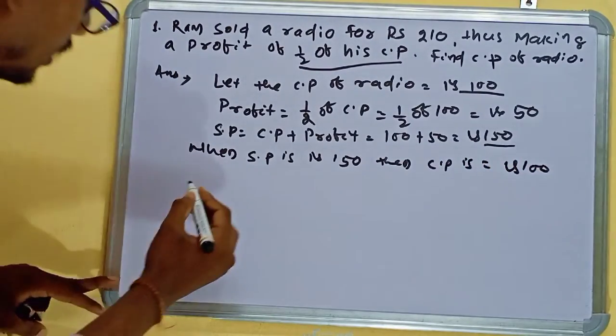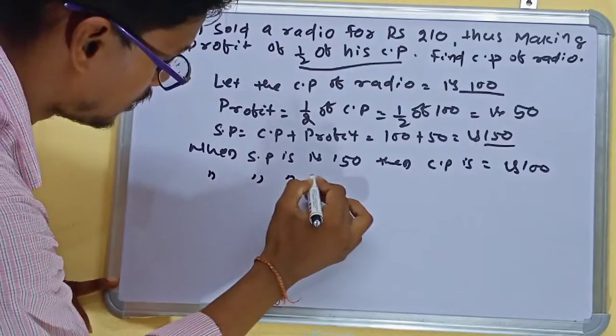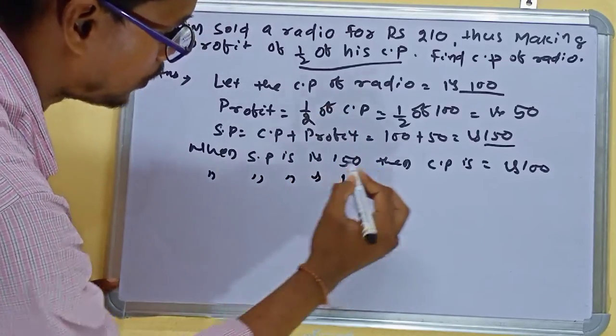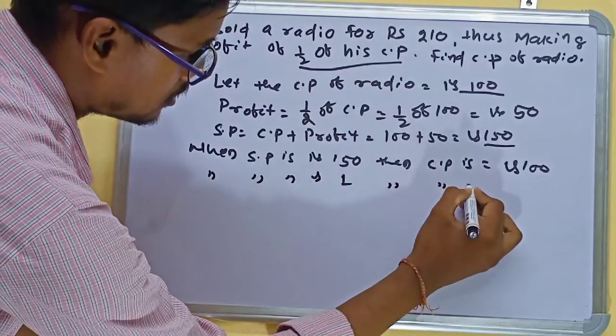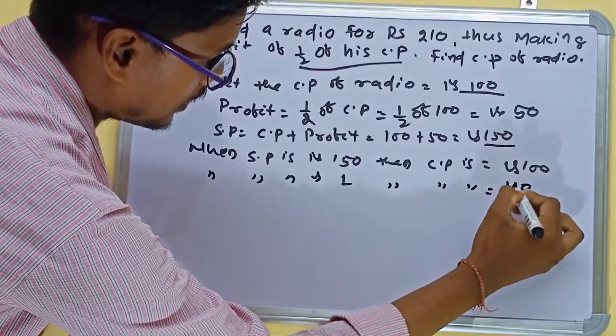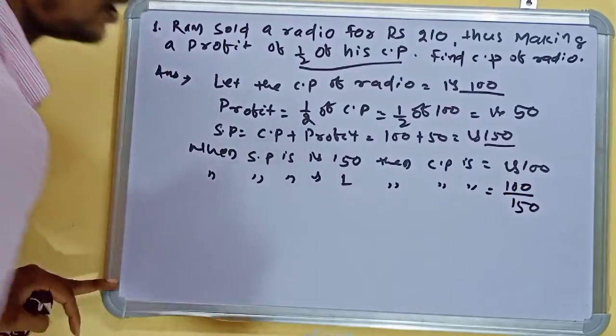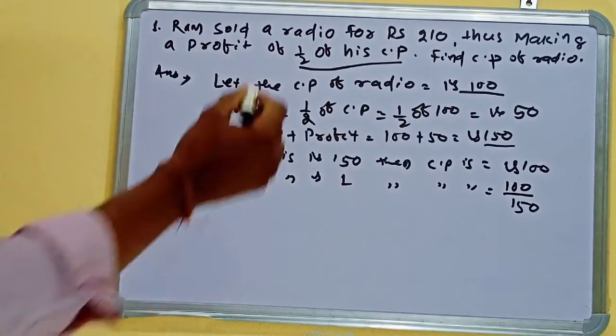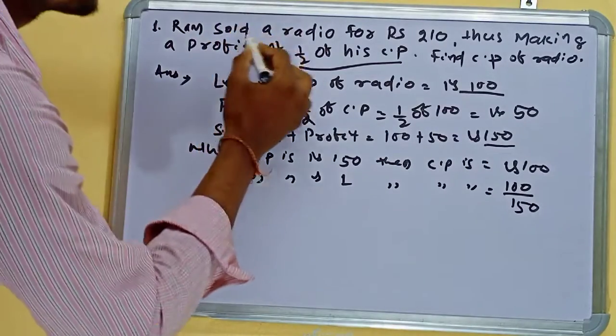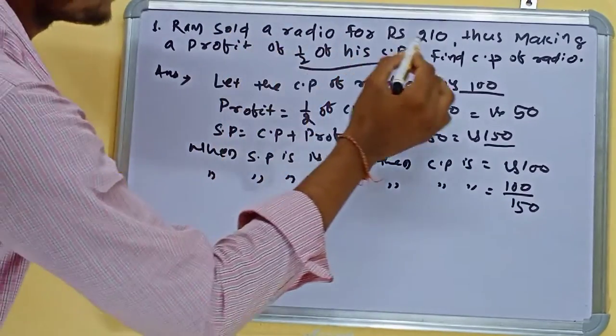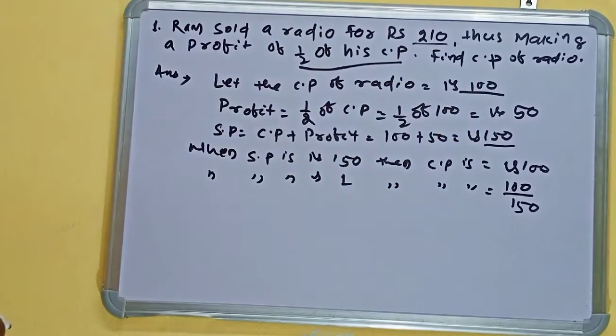Then when SP is rupee 1, CP is 100 divided by 150. But in the question, the SP of the radio is rupees 210.